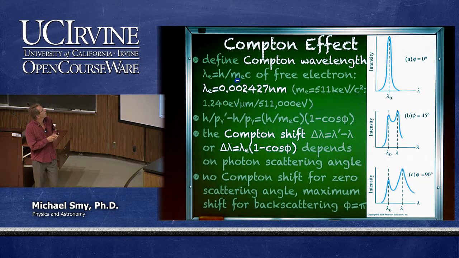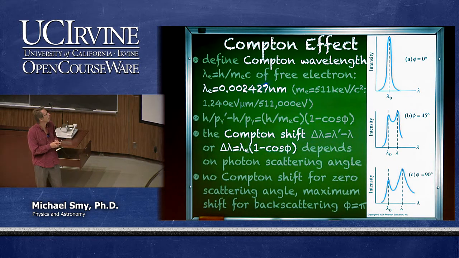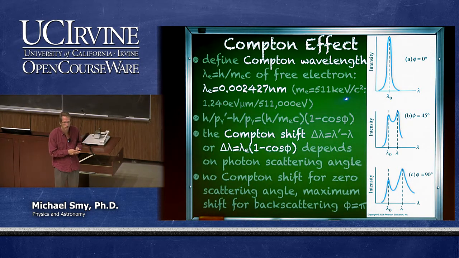Furthermore, we can give this expression of constants of nature a name, and we can call that the Compton wavelength of the electron, because it has units of a wavelength. So the Compton wavelength of the electron is h over mec, and if you plug in numbers, meaning 511 kiloelectron volt per speed of light square for the electron mass, and for Planck's constant, I'm using this expression, then I get 2.427 picometers for the Compton wavelength of the electron.